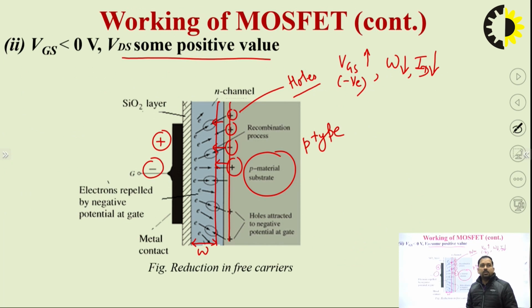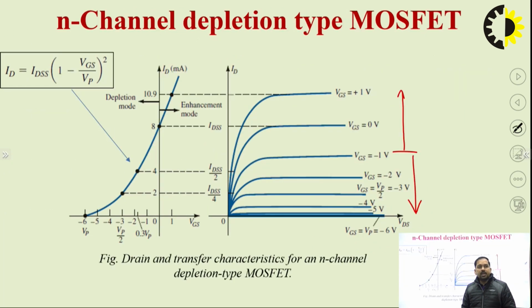So we can observe the transfer characteristics first. I have an equation which correlates drain current with gate to source voltage, and the equation is ID equal to IDSS times (1 minus VGS by VP) whole squared.